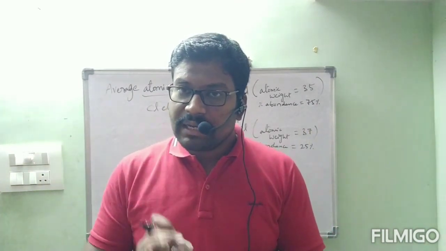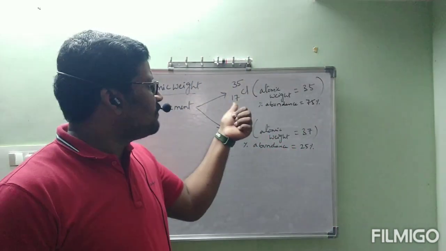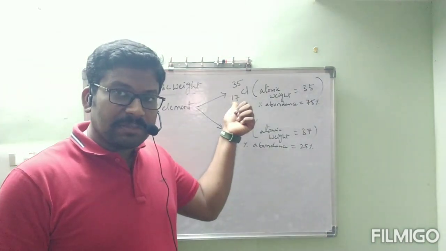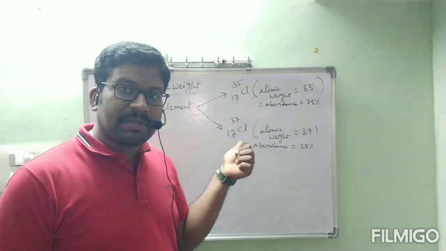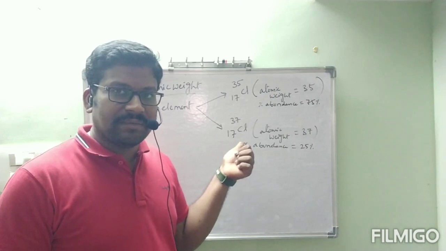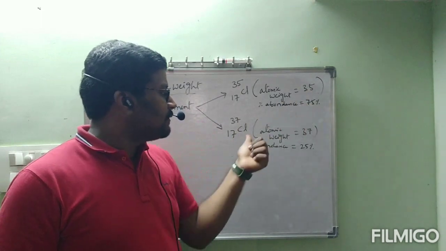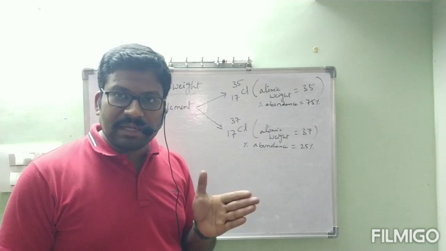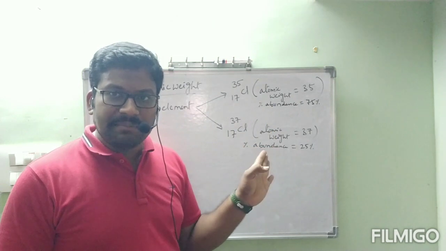Out of that 100 grams, 75 grams of chlorine is present in the form of 17Cl35, and 25 grams of chlorine is present in the form of 17Cl37. What is the atomic weight of first isotope? 35. Second isotope? 37. I think you understood. Out of 100 grams, 75% share is this one, 25% share is this one. That is the meaning.